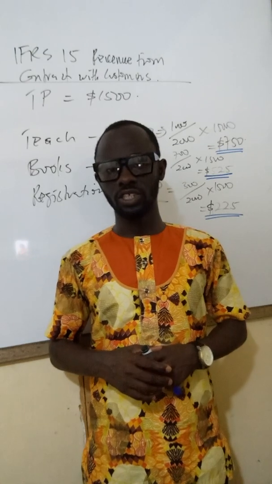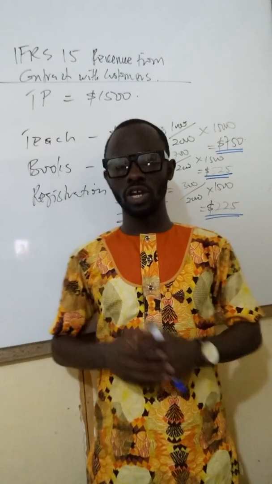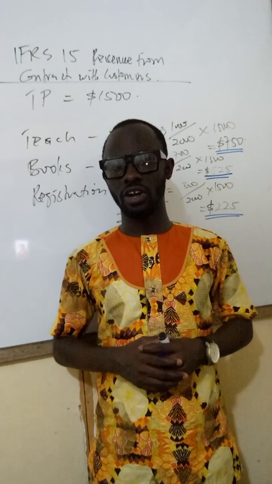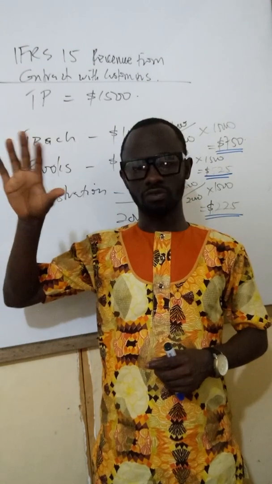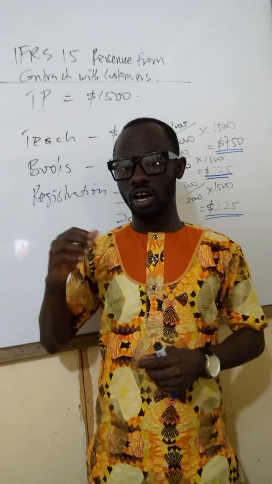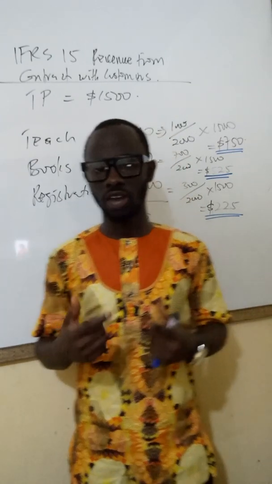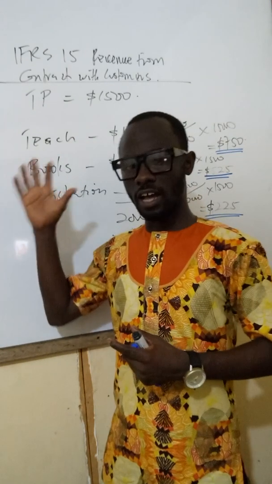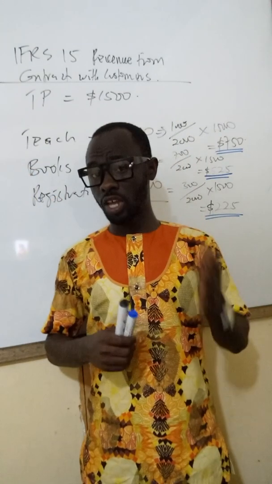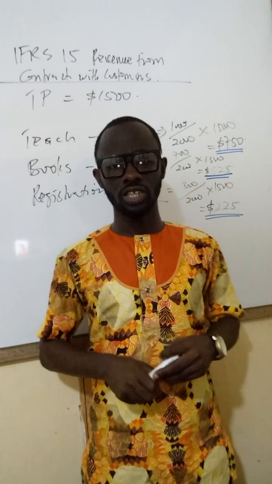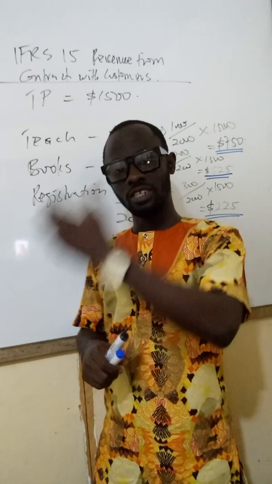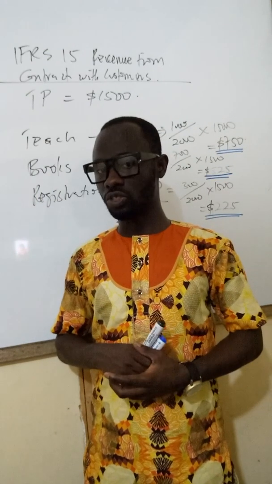So in the previous video we were looking at IFRS 15, revenue from contract with customers. We saw in the first video the conditions that must be satisfied before we recognize a contract with a customer. Then we came to the second aspect, the performance obligations that we need to undertake.